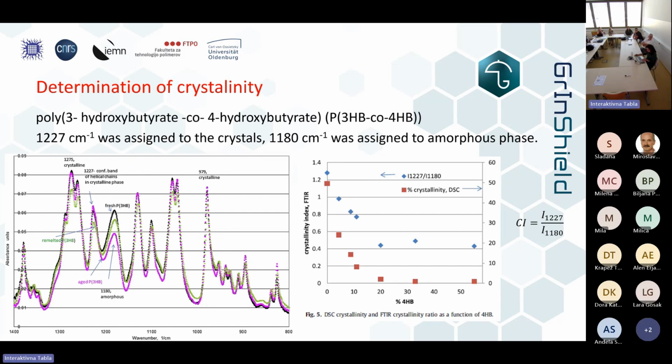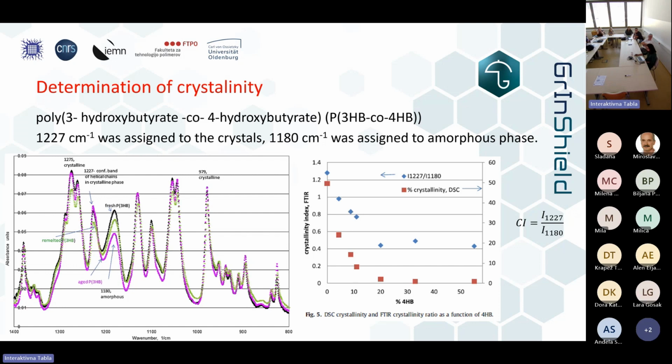So here on the left we see the spectra of aged copolymer, which is pink, and remelted, which is green, and the fresh one is black.